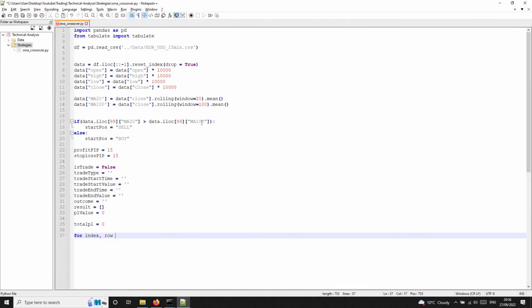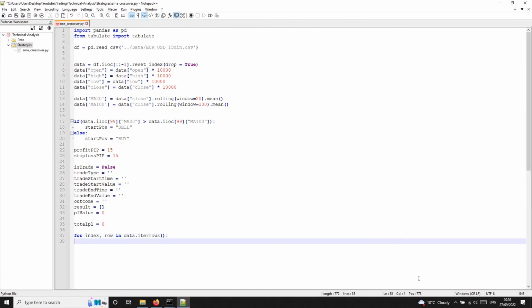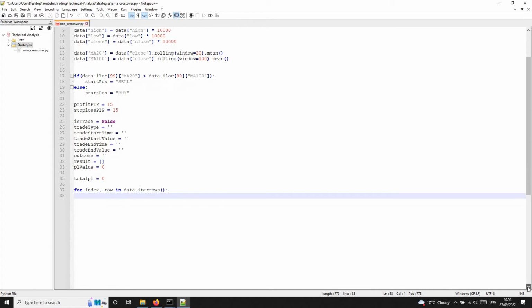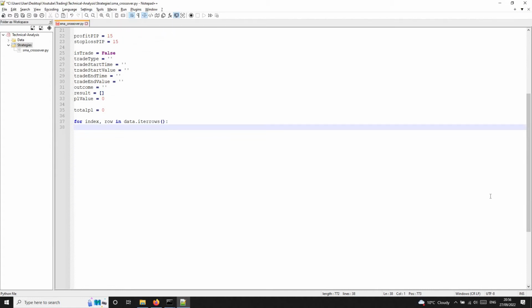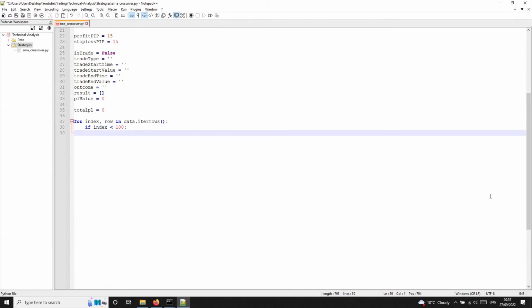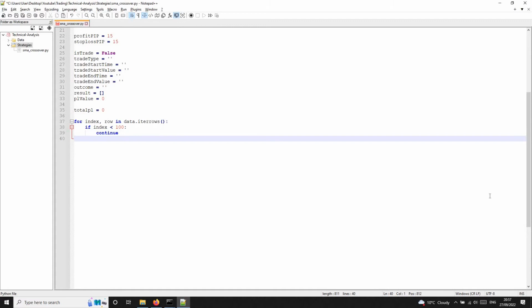Let's do it now. I'm going to iterate through the pandas data frame. The very first thing I'm going to check, because it is iterating from scratch, from the first position, is that the first 100 were NaN for MA100, so I can't do analysis on the first 100. If the index is less than 100, then just continue.